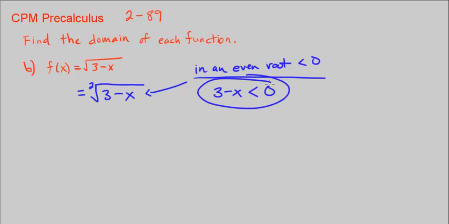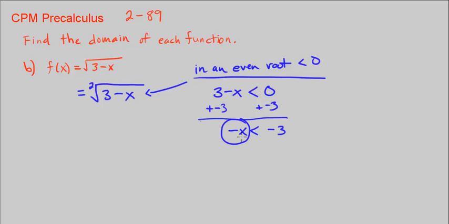So let's go ahead and solve for this, getting x alone. So let's add negative 3 to both sides. These cancel out, and we get negative x is less than negative 3. How do we get negative x without the negative? Well, let's divide both sides by negative 1. These are going to cancel. You're going to get x.